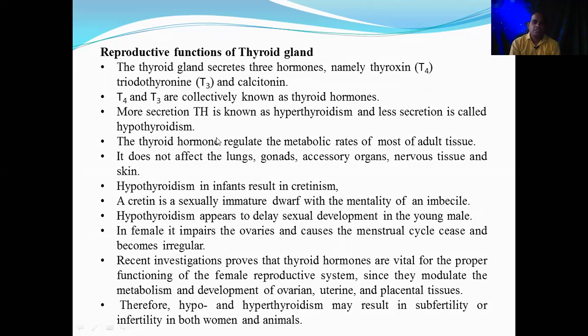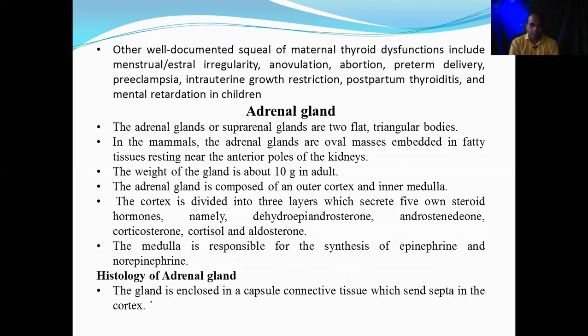Recent investigations prove that thyroid hormones are vital for the proper functioning of the reproductive system, since they modulate the metabolism and development of ovarian, uterine, and placental tissue. Therefore, hypo and hyperthyroidism may result in subfertility or infertility in both women and female animals.